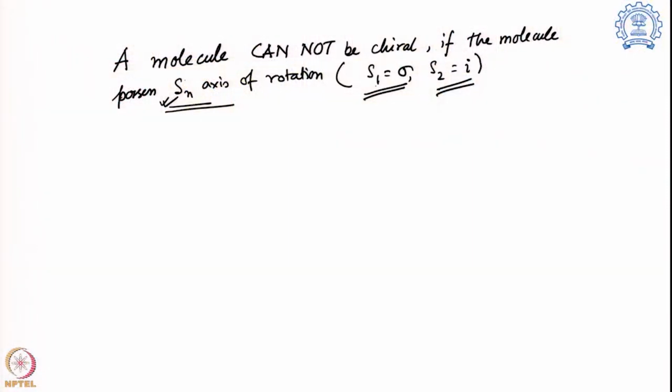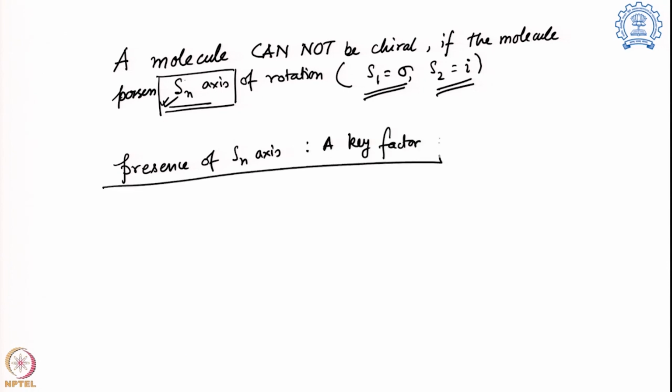So, the presence of an Sn axis is going to be a crucial factor, a key factor, with which we can figure out whether a molecule is chiral or not.